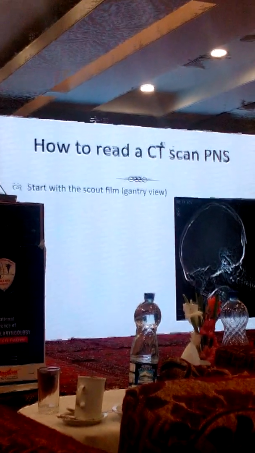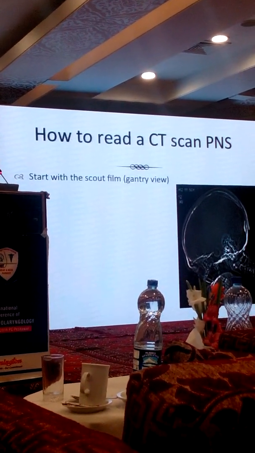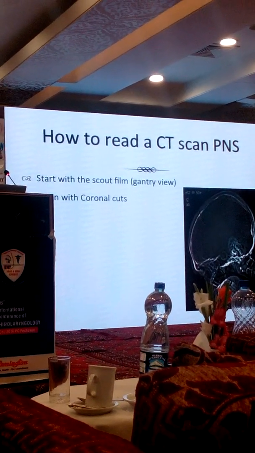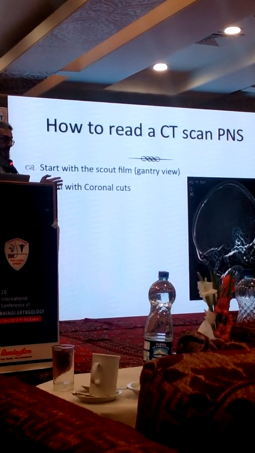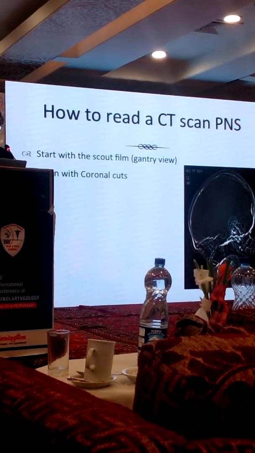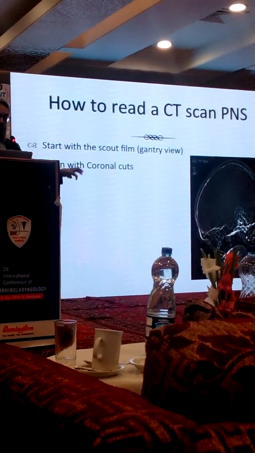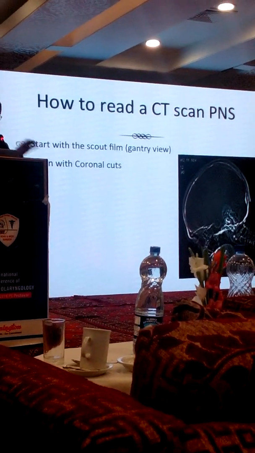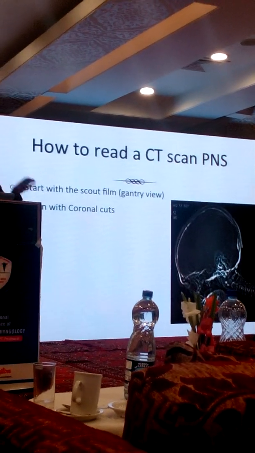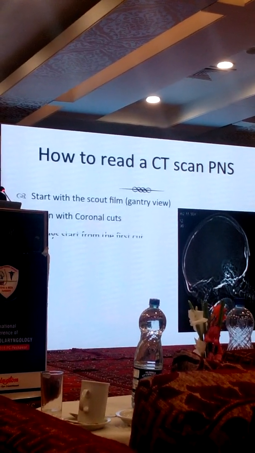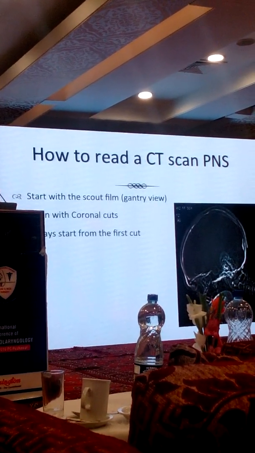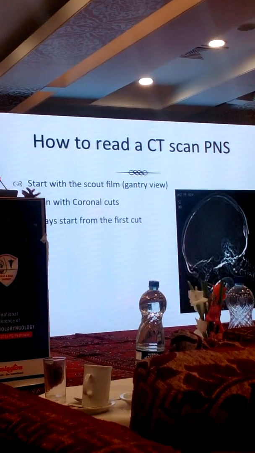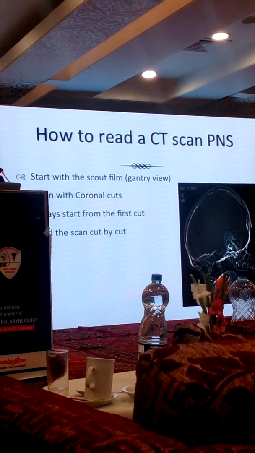Always start with the first film, and begin with coronal cuts, bone window setting, right? But on that program, we can always shift from the bone window to the soft tissue window ourselves. We have to have all these things before we do endoscopic sinus surgery. First cut, second cut, third cut.